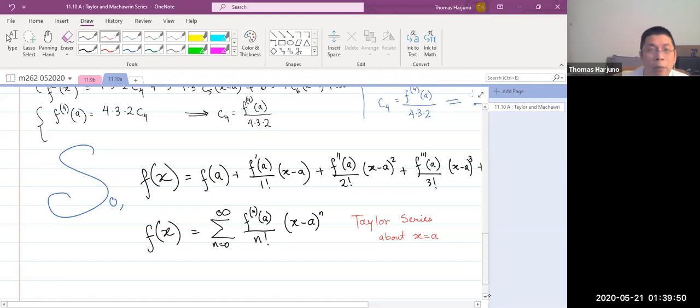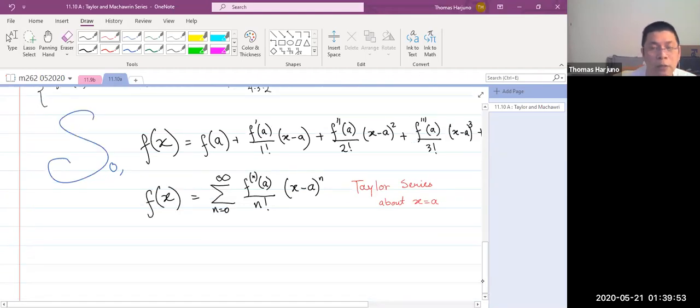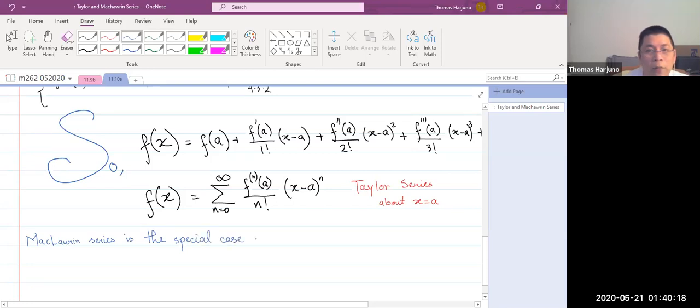Now the Maclaurin series is the case when a equals 0. The Maclaurin series is the special case of the Taylor series where the centering is at 0.